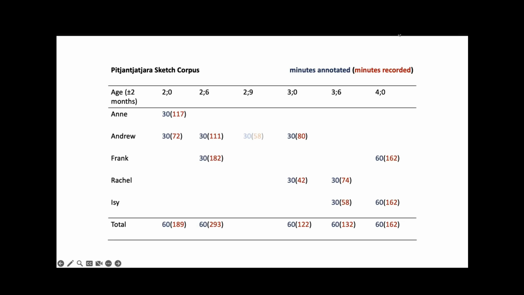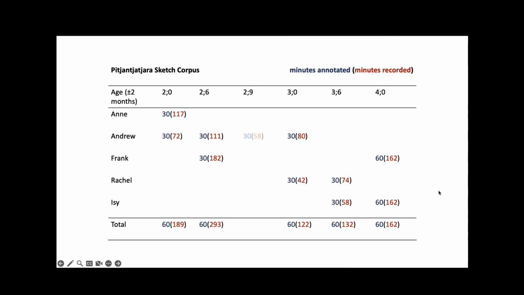One of them had a suspected language delay, and the other 2 were recorded at intermediate points, in that they tended to be recorded at 2 and 9 months and 3 and 3 months, rather than the 2, 2.6, 3, 3.6, etc. So unless we completely shifted over to that schedule, it would have been difficult.